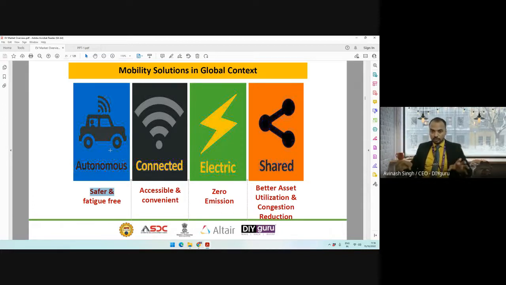So the more number of data you will have, the more accurate prediction you can make, right? So that is what we call as connected vehicles.